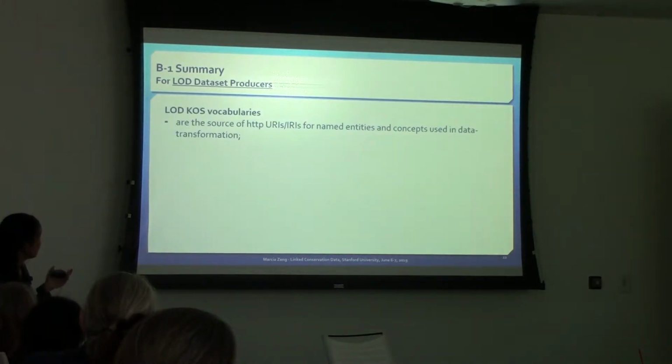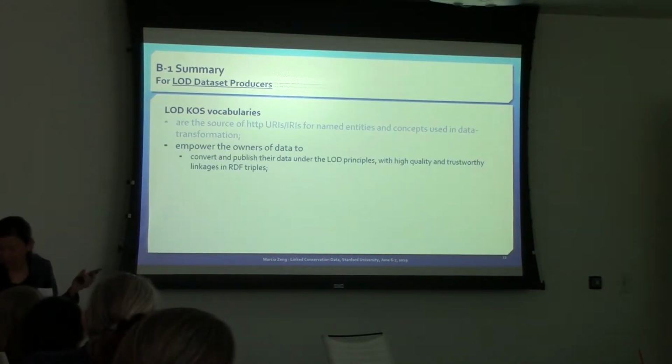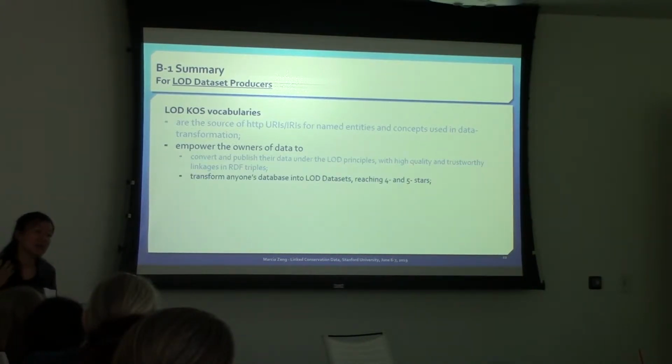So we summarize that the open data KOS vocabularies are the sources for people to find the URI, for people names, place names, concepts, categorization, any of that. It becomes the place for that. So once we have that, I can convert my original data into some kind of structured data, and it's 5-star or 4-star to publish this.